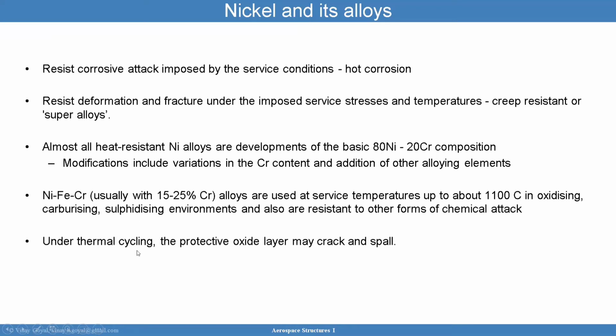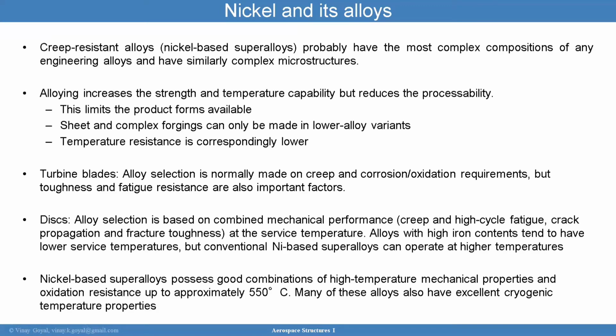And you also want to make sure that on the thermal cyclic conditions, you are protecting the oxide layer. Otherwise, the oxide layer could crack and spall. So the protective oxide layer can fail, and you want to be careful about that.